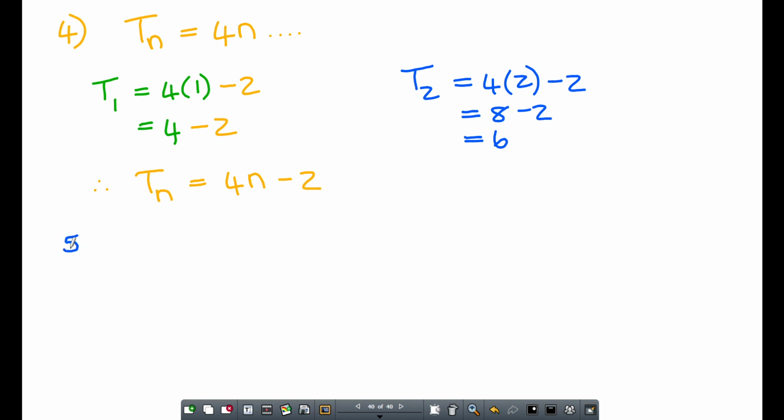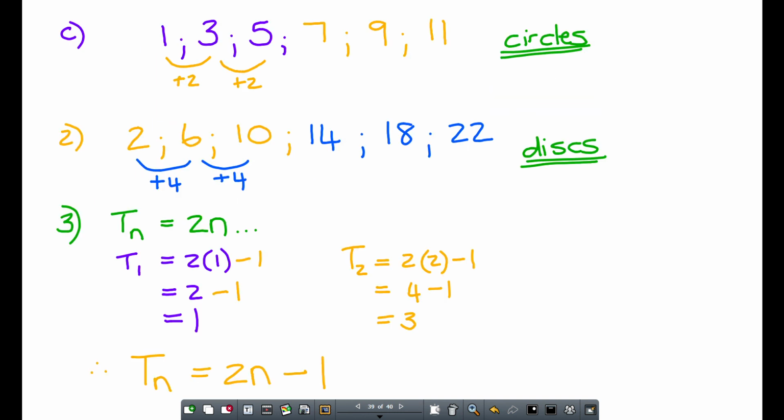Right, now number 5, they're asking me the number of circles in design 500. Now at number 3, we worked out the formula for the circles, sorry, circles was at number 3. My formula at number 3 was 2n minus 1.